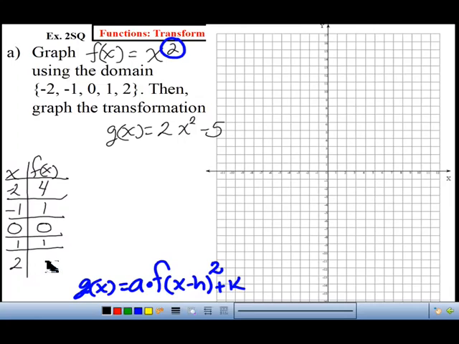And 2 times 2 is 4. Let's graph this. -2, 4. -1, 1. 0, 0. Oh my goodness. 1, 1. 2, 4. All right, graph your parabola.